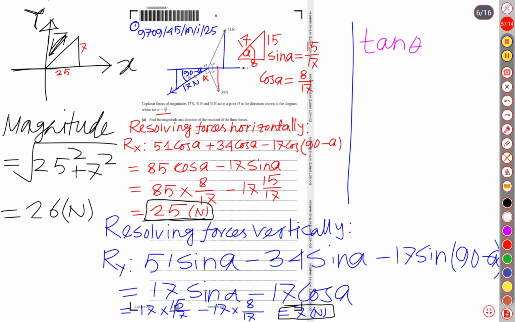Tan theta is equal to the vertical distance 7 over the horizontal distance 25.